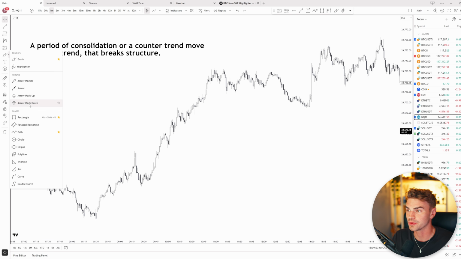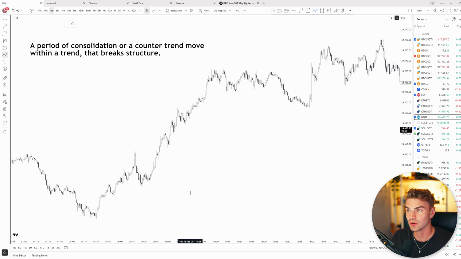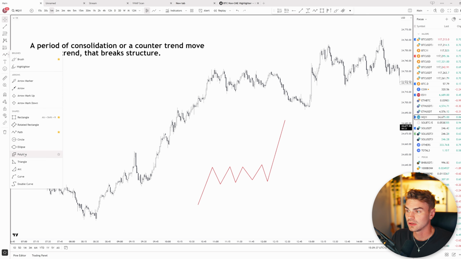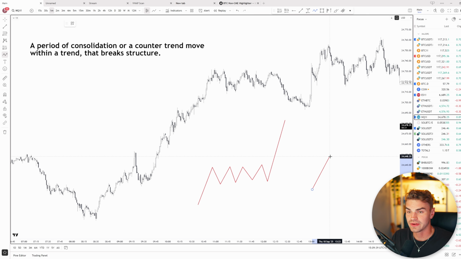First of all, before I show you exactly what it looks like, when I say either a period of consolidation or a counter trend move within a trend, that's because, to me, if price looks like this and then does that, or if it just does it really fast, that's the same.